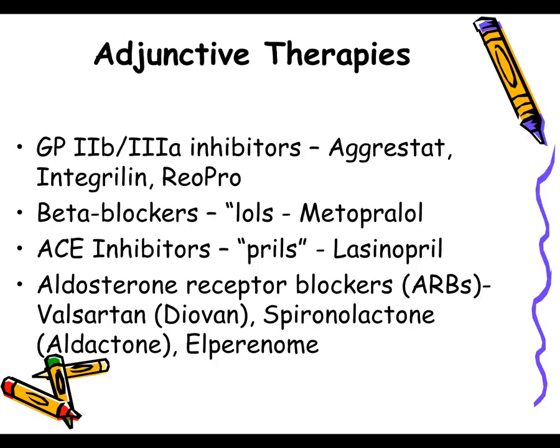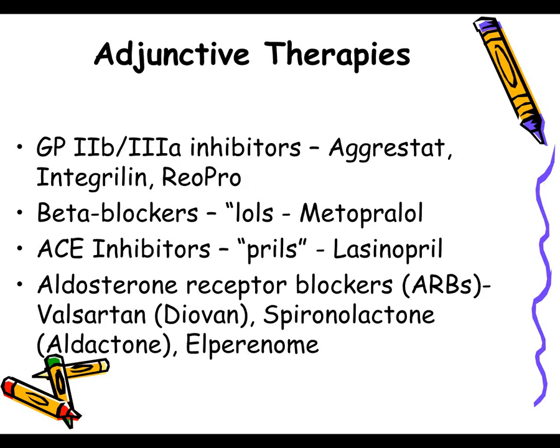Adjunctive therapies are things you might see done in a hospital. It's not something that has to be done in the initial period of being with the patient. But if you work in a hospital at all, you might see them giving things like glycoprotein IIb/IIIa inhibitors, which include Aggrastat, Integrilin, ReoPro, beta blockers, any drug that ends in -lol like metoprolol, that's a beta blocker.